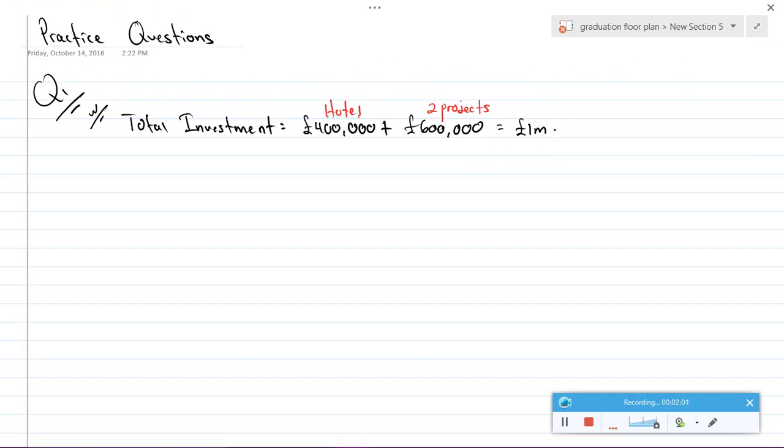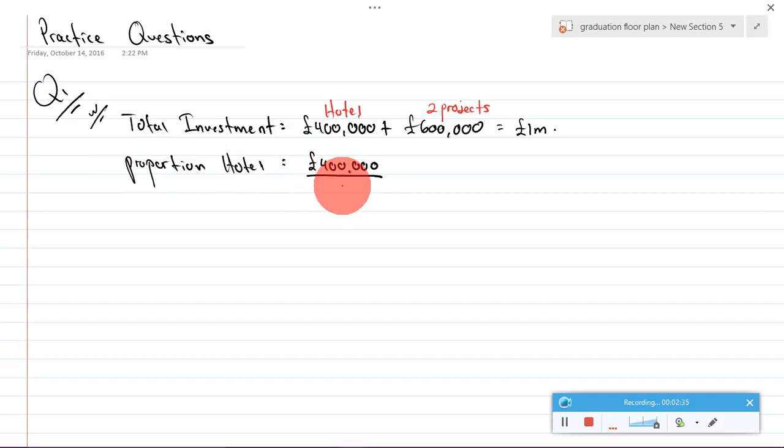So what is the percentage? What is the proportion for the hotel? We take 400,000 divided by 1 million, you get 0.4. That is the proportion, 0.4. In other words, 40%.